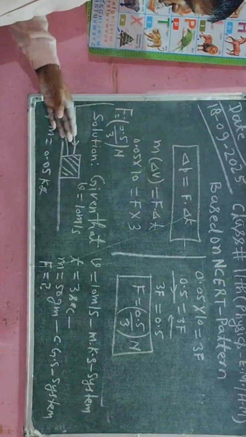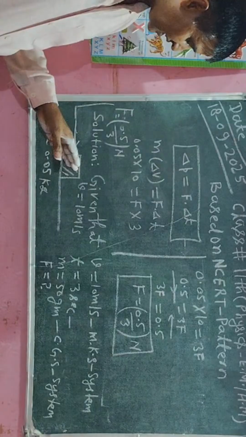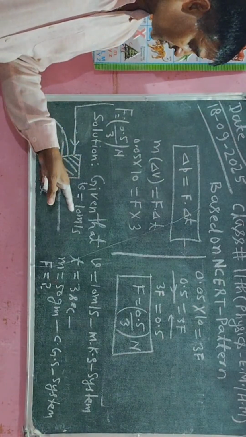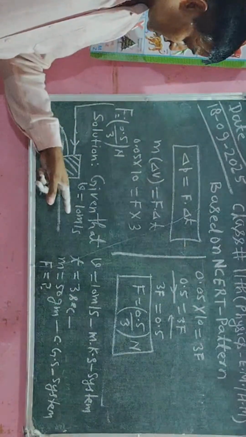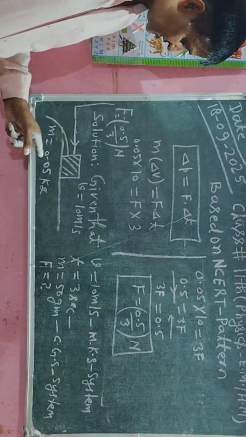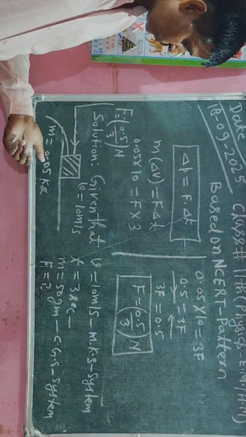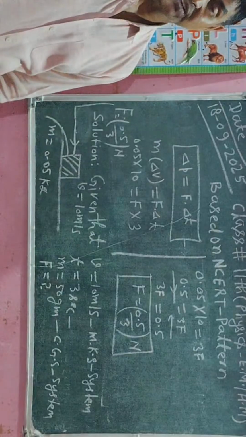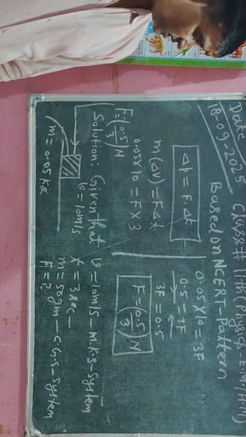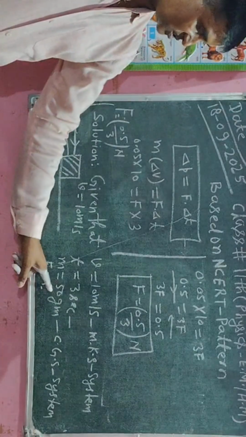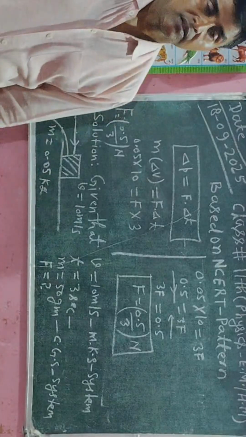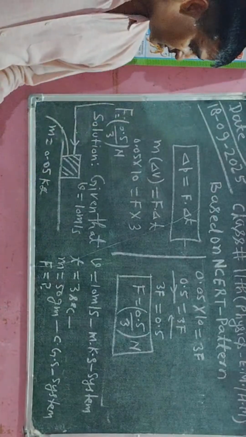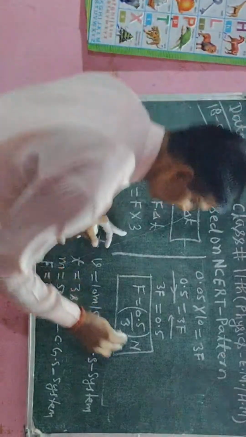This value of force is applied on this body, and it is moving with velocity 10 meters per second, but its mass is 0.05 kilogram, which is the 50 gram in the CGS system. Okay, so this is the required answer of my question.